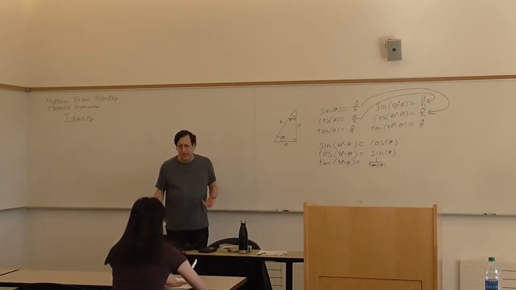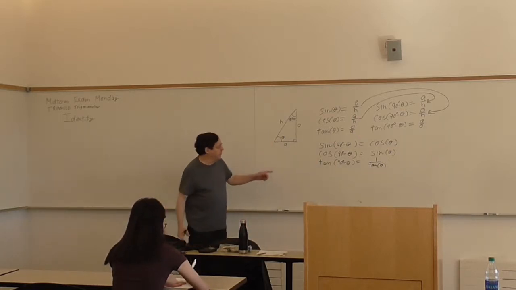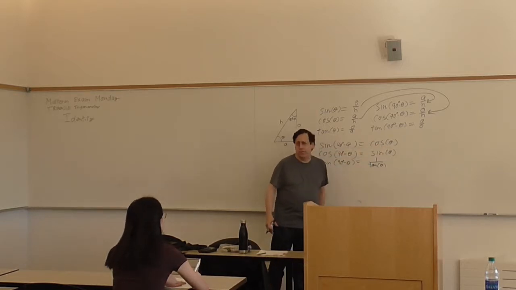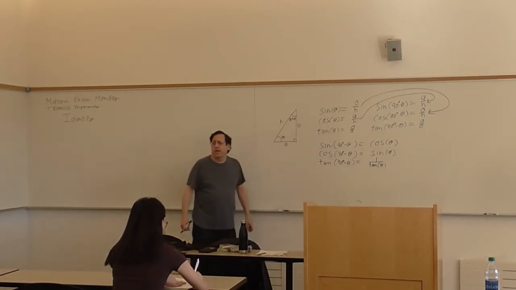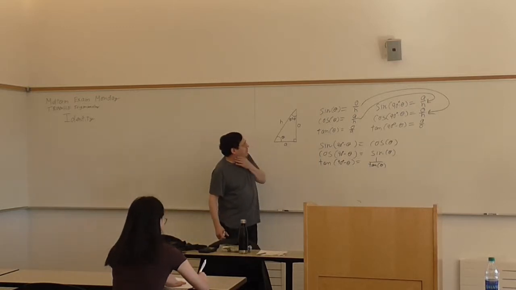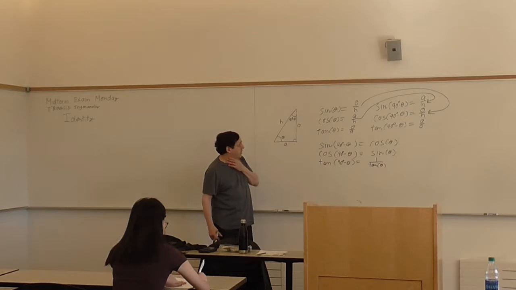So these are three identities. By an identity, I mean a statement that regardless of theta is going to be true. And we can use this to our advantage under various circumstances.